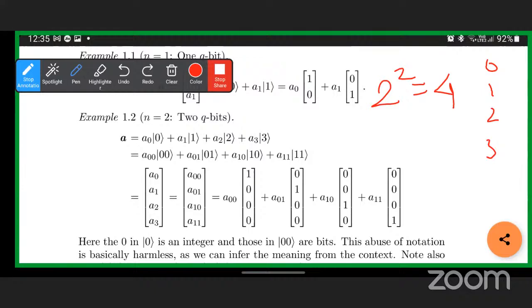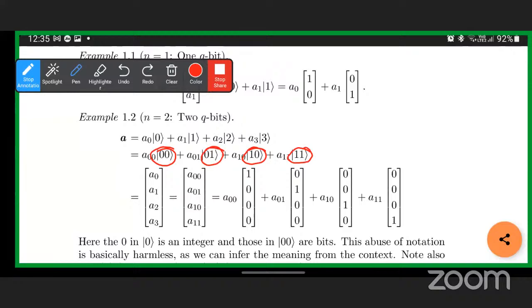Any vector, say A, will be like this. But we are using binary, so instead of 1, 2, 3, we will use 00, 01, 10, and 11.